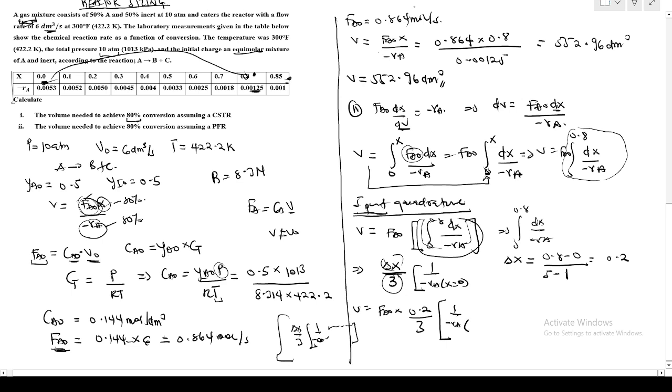Now, because we are starting from 0 and the step is 0.2, at x equals 0 plus, and this is the formula for the 5-point quadrature, the ones on top here are constant, minus ra. Now x equals 0.2 because you are looking at a 0.2 step, plus, then the next one is 2 all over minus ra, x equals 0.4, plus 4 over minus ra, x equals 0.6. Then finally plus 1 over minus ra, x equals 0.8.